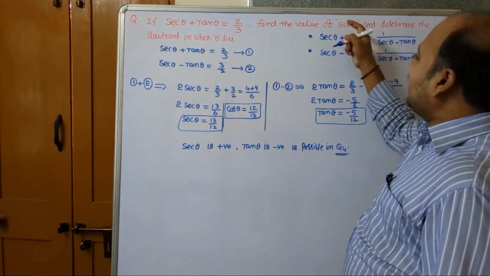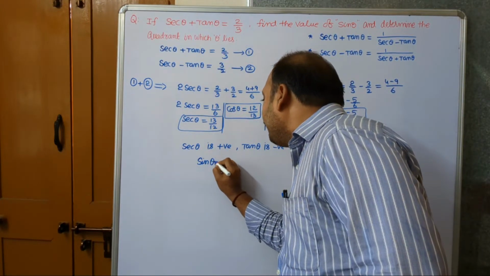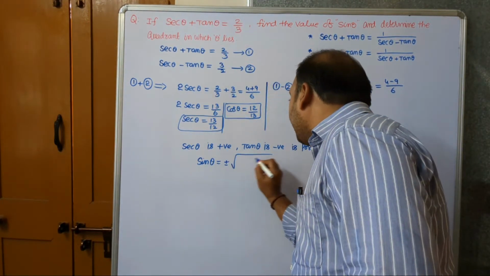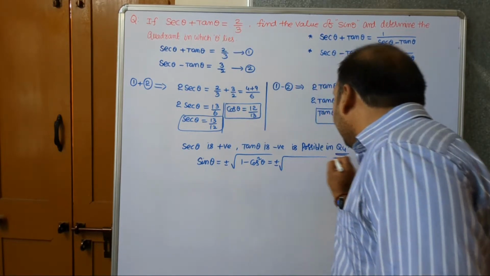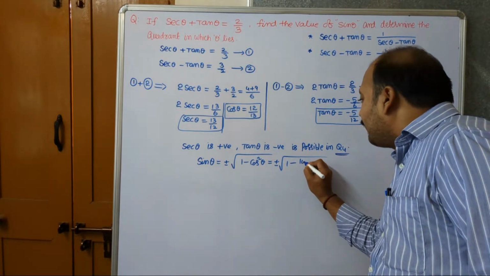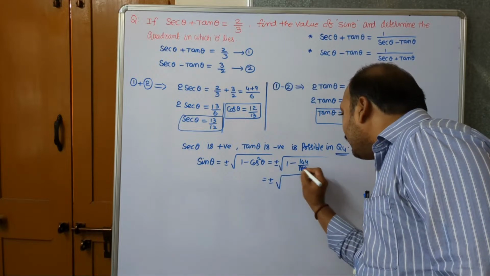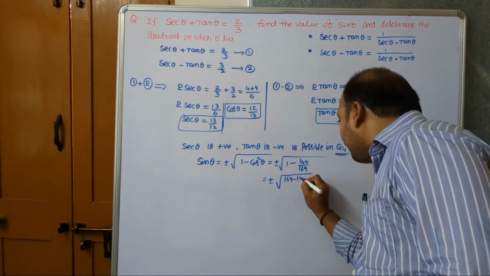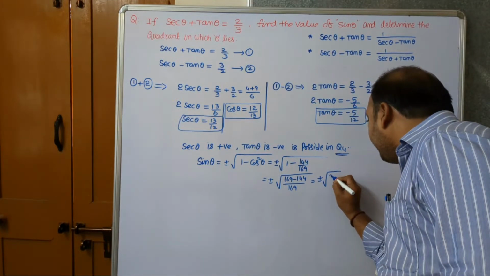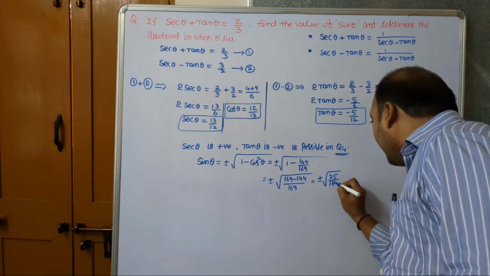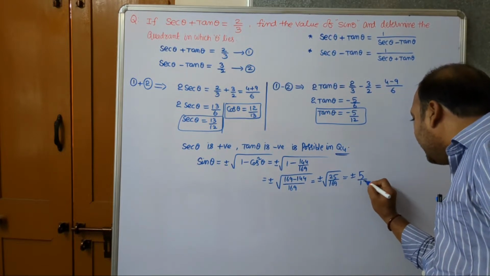They are asking to find sin theta. Cos theta value we got now. So sin theta is equal to plus or minus root of 1 minus cos square theta, that is plus or minus root of 1 minus 144 by 169, plus or minus root of (169 minus 144) divided by 169, plus or minus root 25 by 169, that is equal to plus or minus 5 divided by 13.